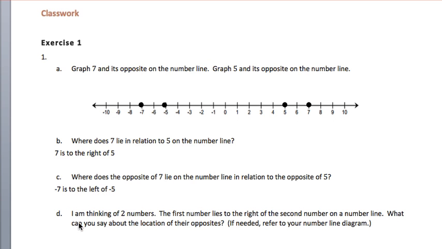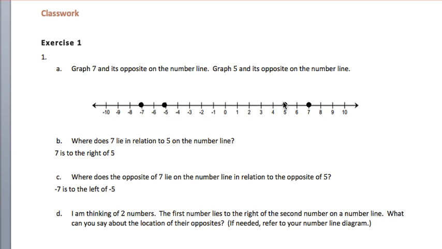And then we're going to, especially in class, play a little game. If I'm thinking of two numbers, and the first number lies to the right of the second number on a number line, very like what we just did, what can you say about the location of their opposites?